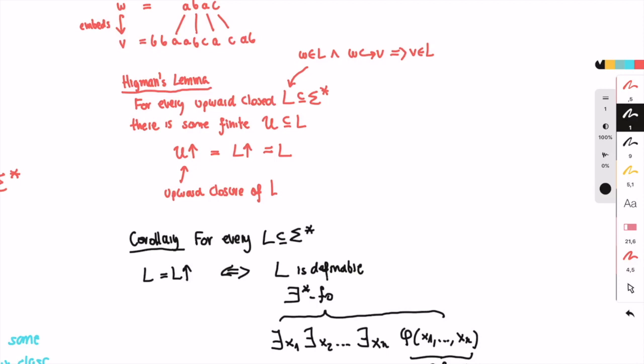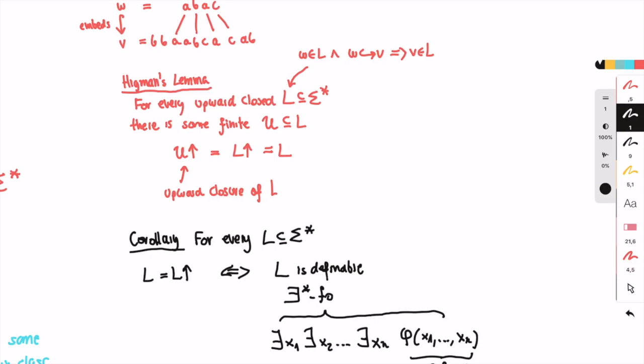But for the left to right implication, we see that if L is upward closed, then by Higman's lemma, it's the upward closure of a finite set of words, which means you belong to L if and only if you're Higman greater than word W1 or word W2 or word W3. Being Higman greater than some fixed word is definable in existential first order logic, so being Higman greater than some finite list of words is also definable in the logic, and that gives us the left to right implication.